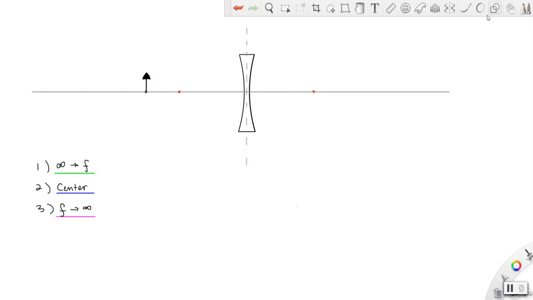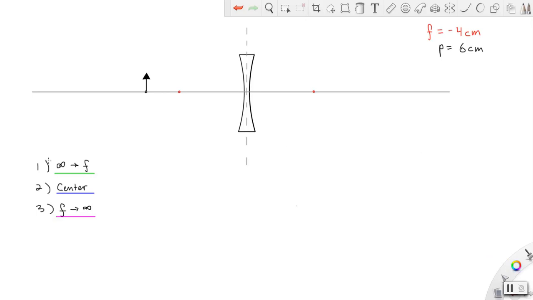We can see now that we're going to need to put the focal length as a negative number. And it's still 4 centimeters, but it's negative this time. So our object distance is now, instead of 8 centimeters, at the 6 centimeter mark. So I can go ahead and put these numbers in, but I'm not going to calculate it this time. I just want to make sure we understand how to do this ray trace.